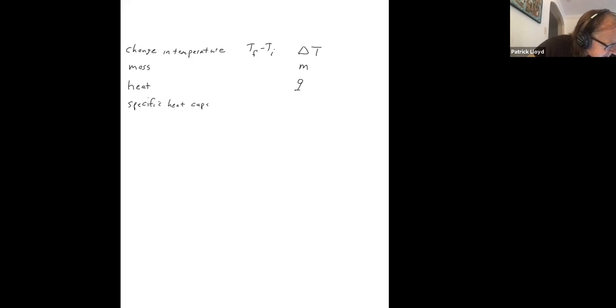Remember, it's really specific heat capacity, and that has a symbol C. For the most part, the units we're going to use here are degrees C, grams, joules, and then joules per gram degree C. This one actually has 3 units in there.